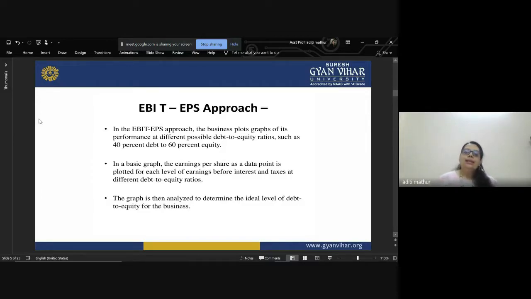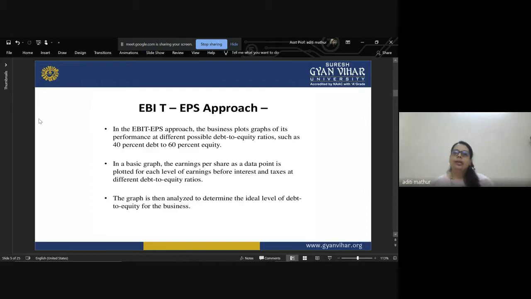In this approach, the business plots a graph of its performance at the different possible debt to equity ratios, such as 40 debt and 60 equity, or vice versa, 60 debt and 40 equity, or 50-50, or 10-90, 90-10.